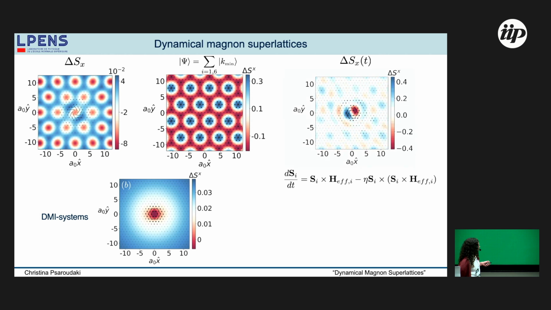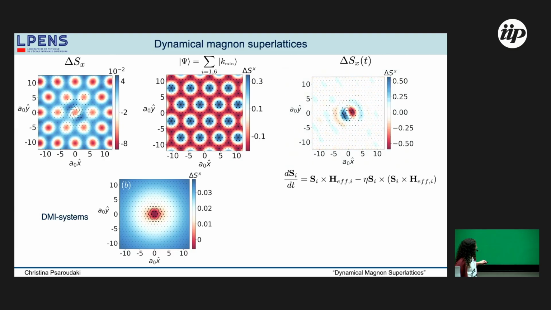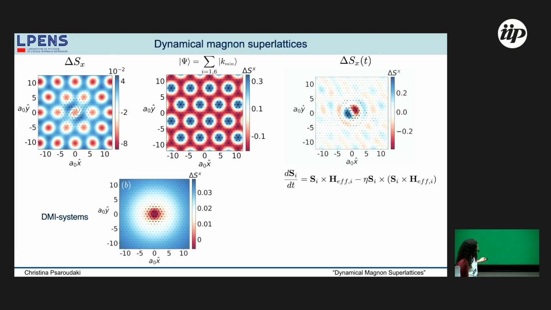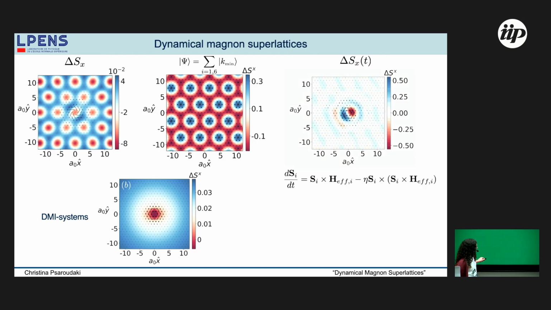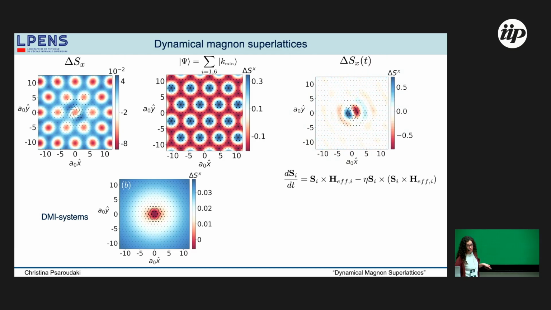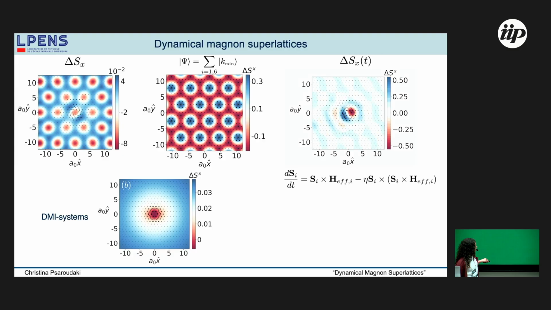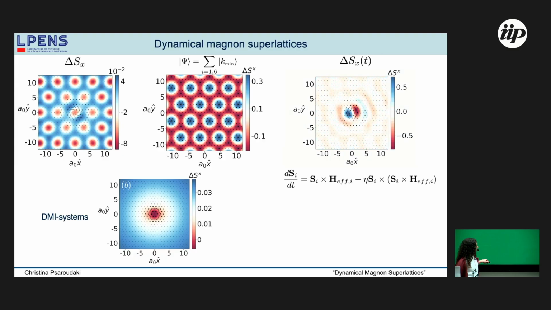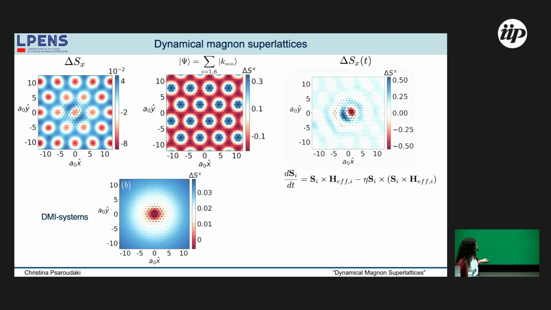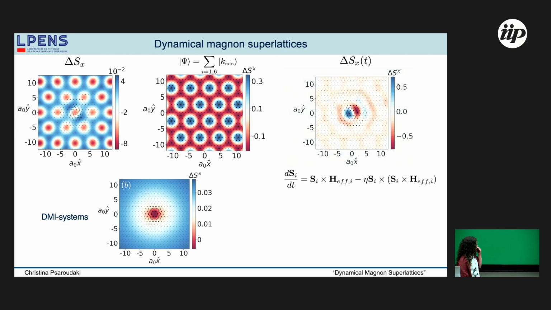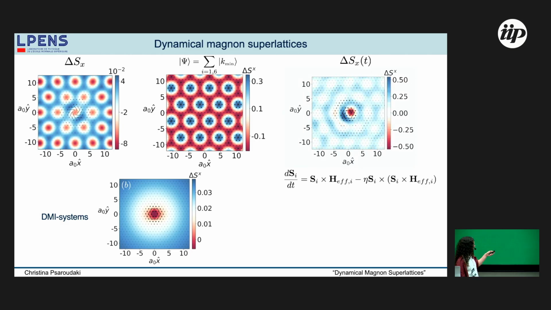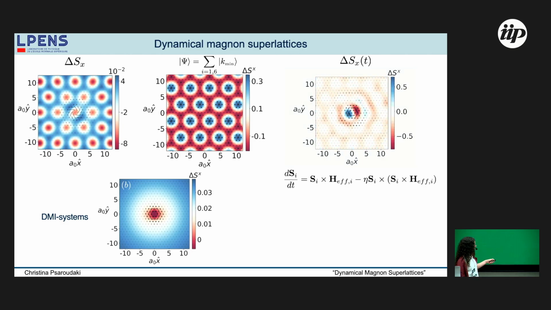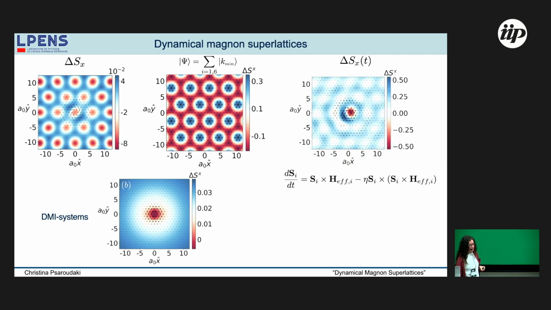Here we start with a single skyrmion, we put an in-plane magnetic field on resonance with the gyrotropic mode, and then you see the emergence of those dynamical superlattices for magnons. You don't see the skyrmion rotate because we have subtracted the skyrmion to give rise to a more pronounced signal. But if we put the skyrmion on top of that, you're going to see it rotating.